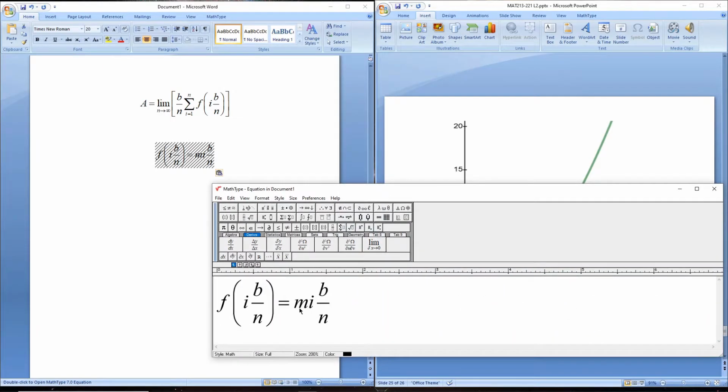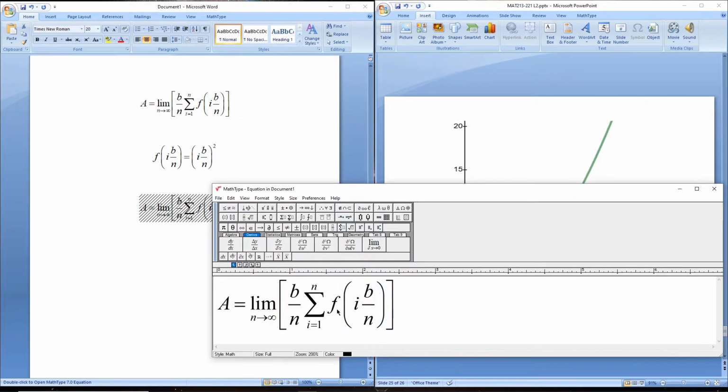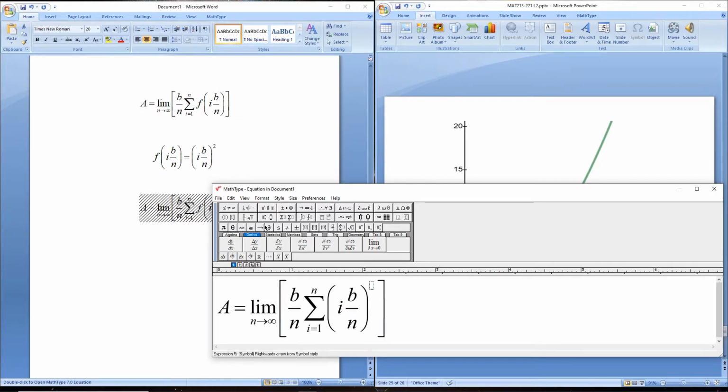Now in this case, our function is x squared, so this is x, and that means we're going to square all of this. So here's our function expression that will stick into the summation here. So instead of this being function notation, this will actually all be parentheses squared.